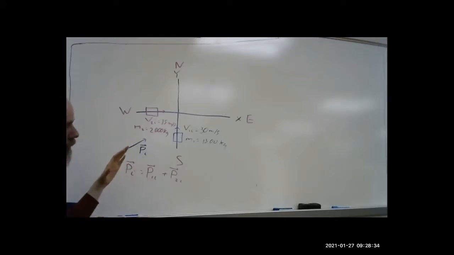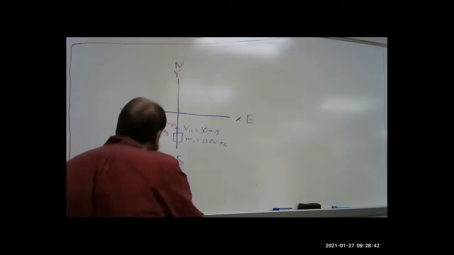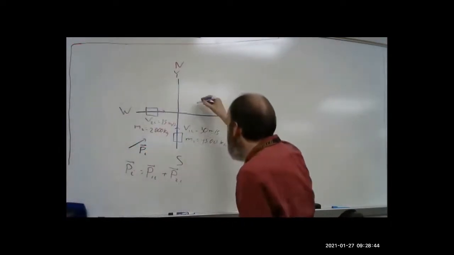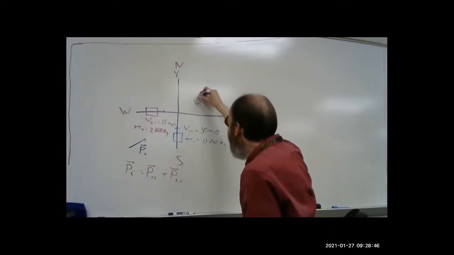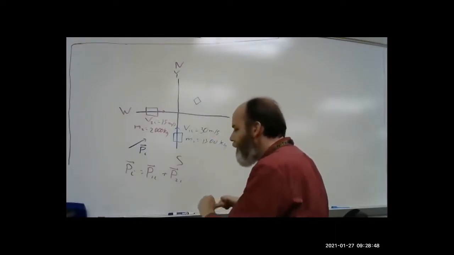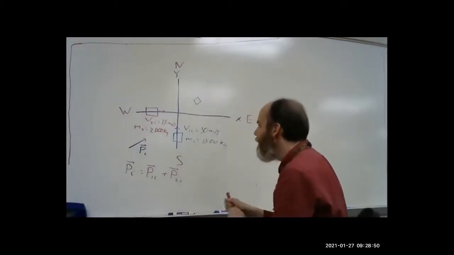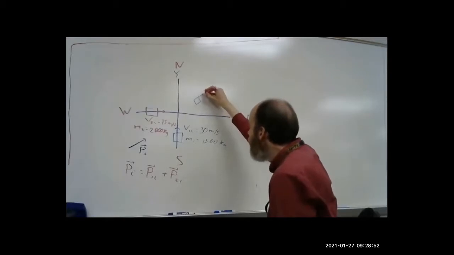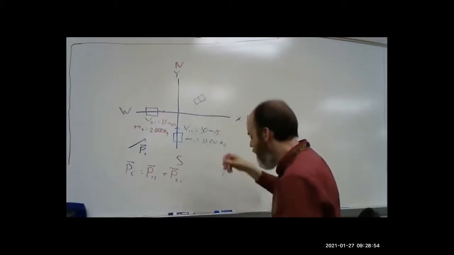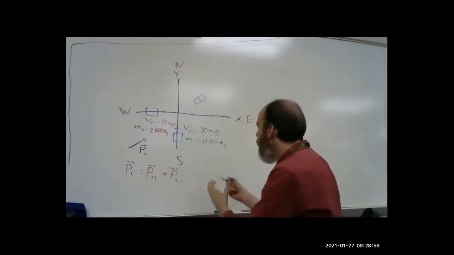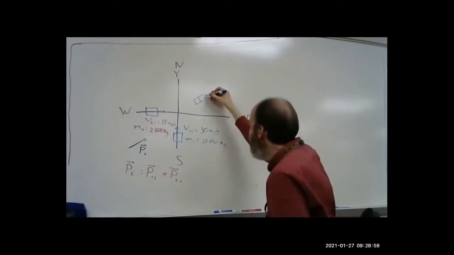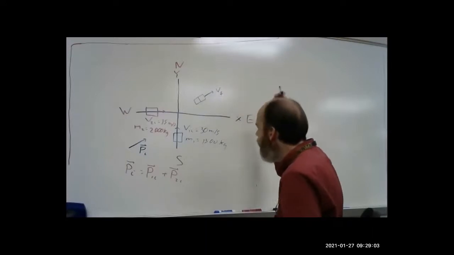So we expect the final momentum to be in the same direction as the initial momentum, because momentum is conserved. So when the cars stick together, they're going to be moving off roughly towards the northeast. So here's two cars, stuck together, and they're moving off like this. And that is V final, which we don't know.